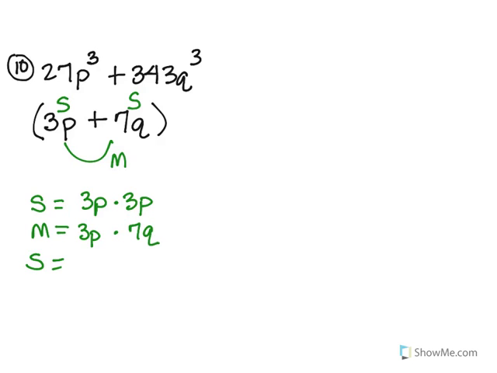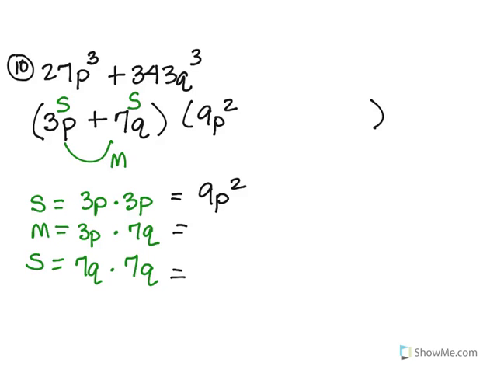And then square the last term means you're going to take 7q and multiply it times itself. So if you take 3p and square it, that's 3p times 3p, which gives us 9p squared. So that's your first term. Multiply 3p times 7q. That would give you 21pq.